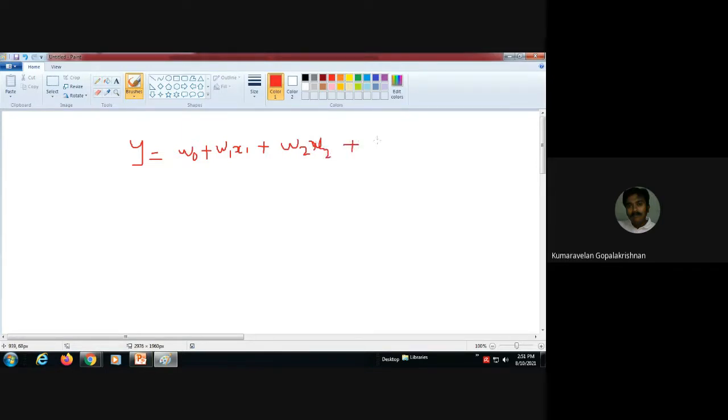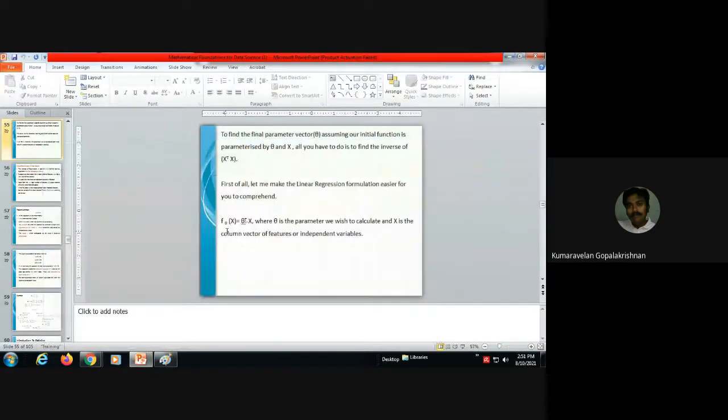Similarly, for the feature x3, I have to find the coefficient w3, up to x6, with w6. These are all the parameters I have to find out. These parameters can be easily found by using the concept of inverse. That is what I want to explain right now.